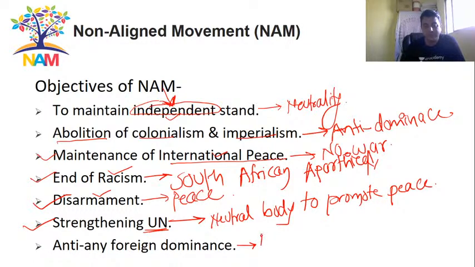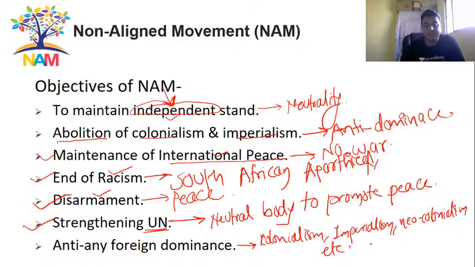Basically they were against colonialism, imperialism, then neo-colonialism, etc. The objective of NAM is basically rejecting the dominance of one country over another in all spheres, either social, economic, political, or ecological, anything, because it is based on a universal idea.